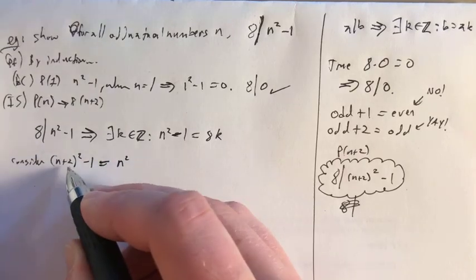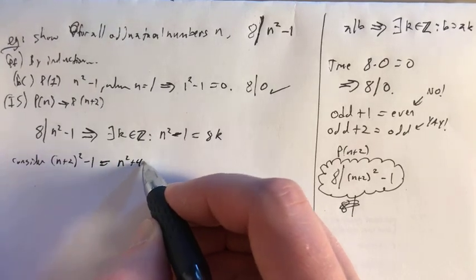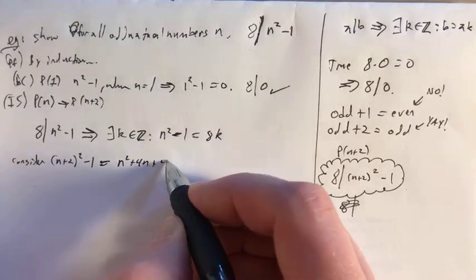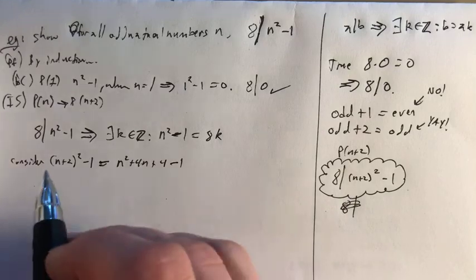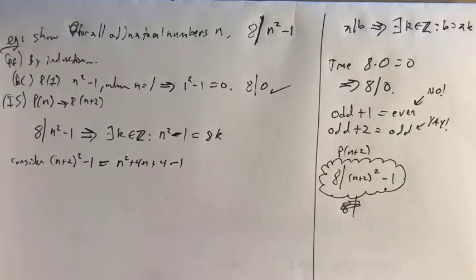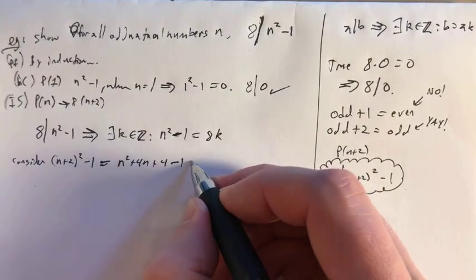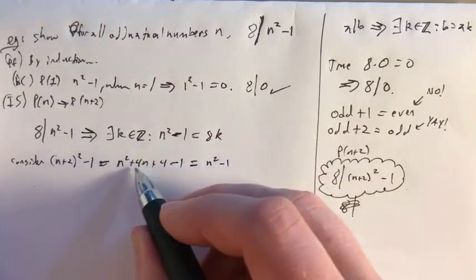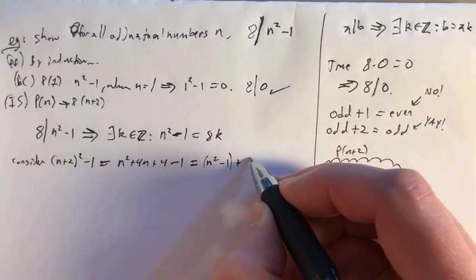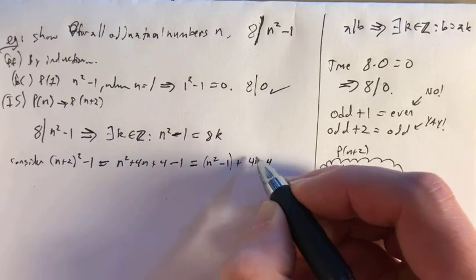This is n squared plus 4n plus 4 minus 1. Okay? So I've just multiplied this out, and I've still got that minus 1 there. Now I'm going to rearrange this, and I've got n squared minus 1 plus 4n plus 4.